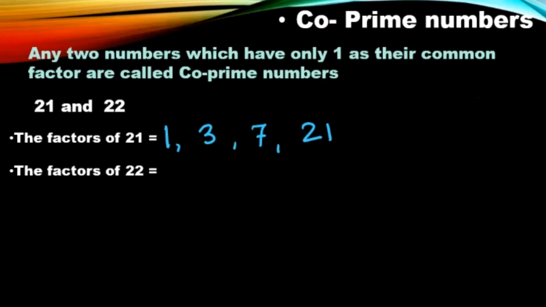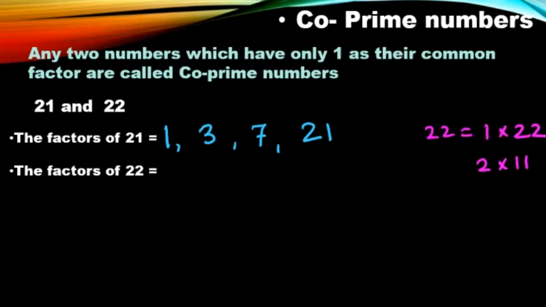Then we will list all the factors of 22. So the first pair is 1 into 22, then the second pair is 2 into 11. After 2, we will check 3, 4, 5, 6, 7, 8, 9, 10 by divisibility test.